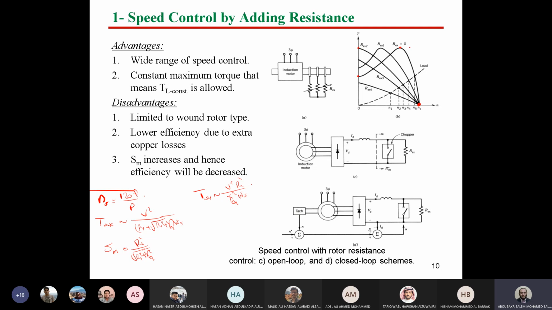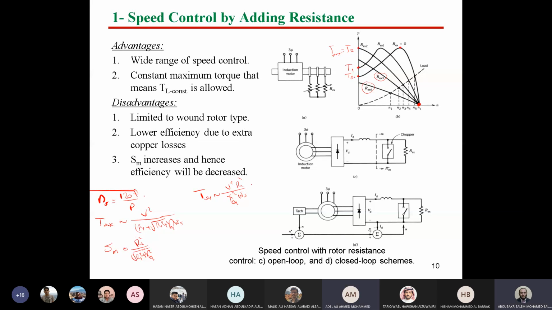If we add resistance number 1 by a certain value, you will find that T starting increased from, let's say, T0 at 0 external resistance to T1. Now, adding more resistance to be R external 2, T starting increased to T2, which is T maximum. Right or wrong, guys? Correct, guys? Is the figure clear? Yes. What happens if we add R external 3 and R external 4?